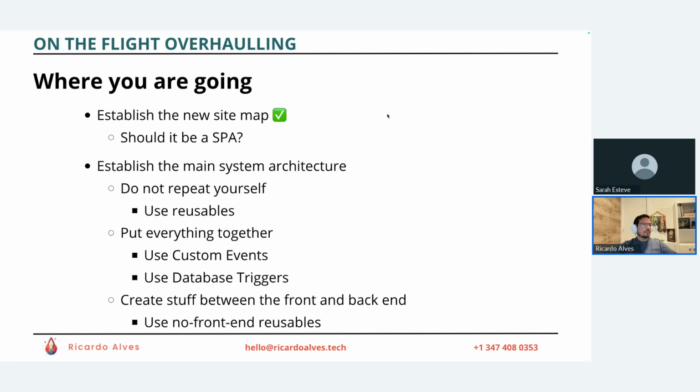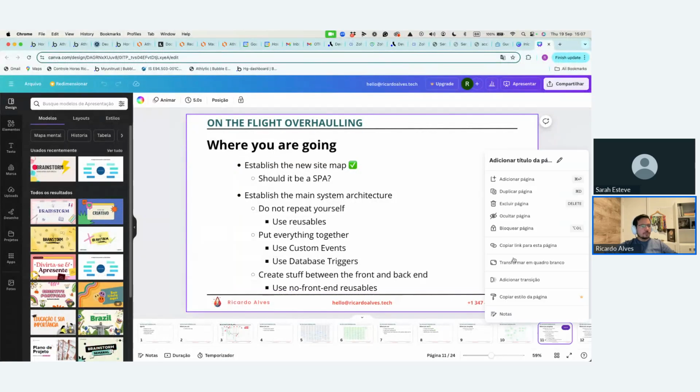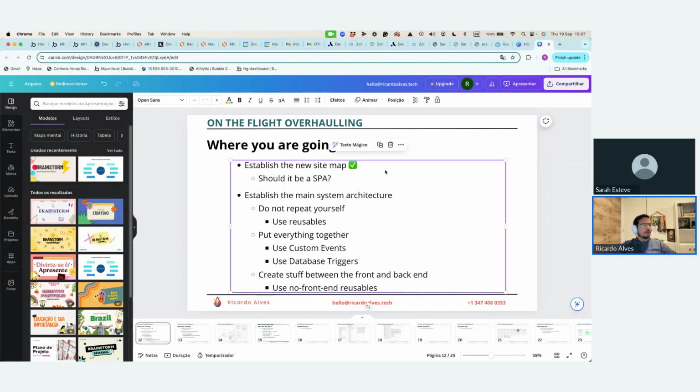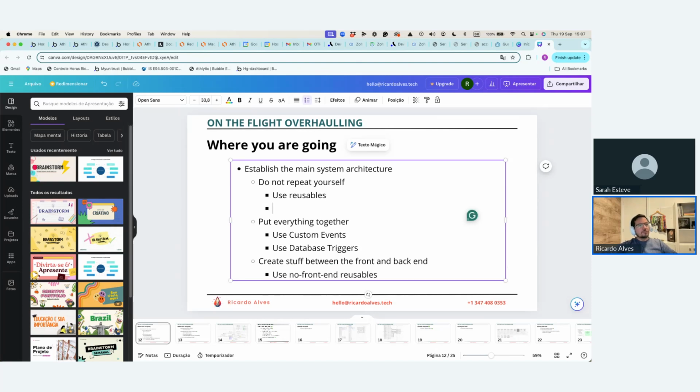So let's do this in the following way. Let me duplicate this page here, and I can type so you can also see this. This is the main stuff. Use reusables. The reusable should be standalone. What it means is it should not read or write from the outside.